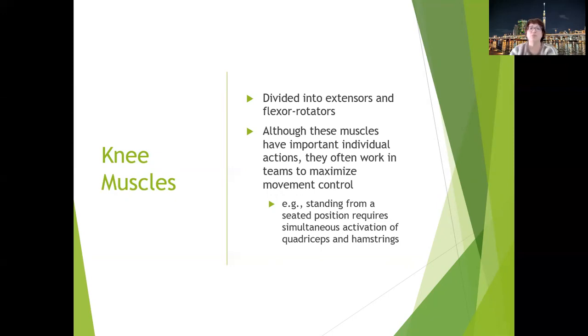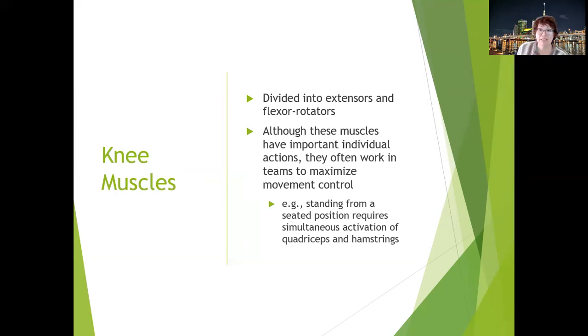So even though each of these muscles has important individual actions, they work in teams to maximize movement control. So the example is standing from a seated position. It requires simultaneous activation of quadriceps and hamstrings. So quadriceps are knee extensor agonists, and so the antagonist is the hamstrings.